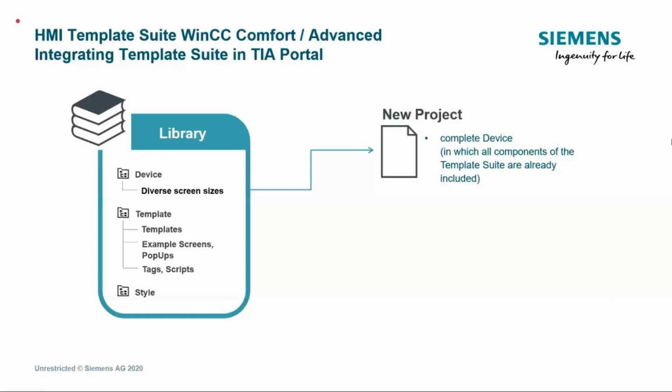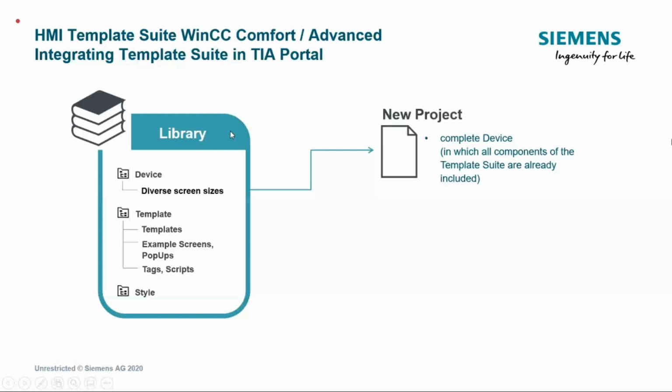The library contains all the ready-made settings for the complete HMI device, and it also provides the screens, templates, pop-up screens, and tag scripts as library elements for you to use, as well as the style for WinCC Comfort and Advanced.